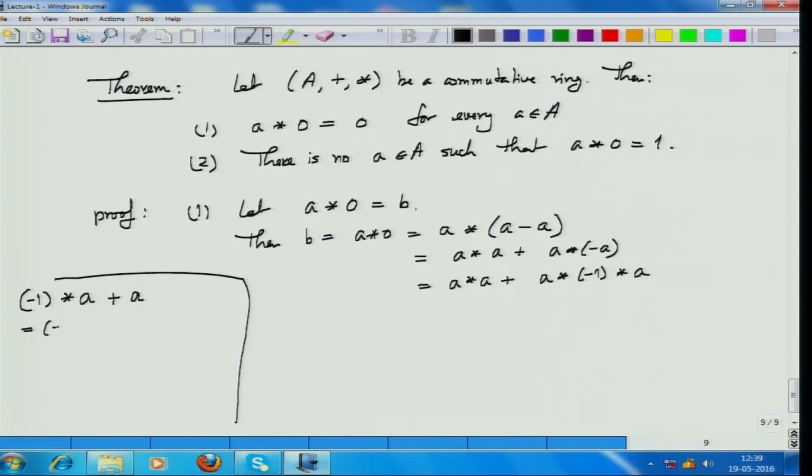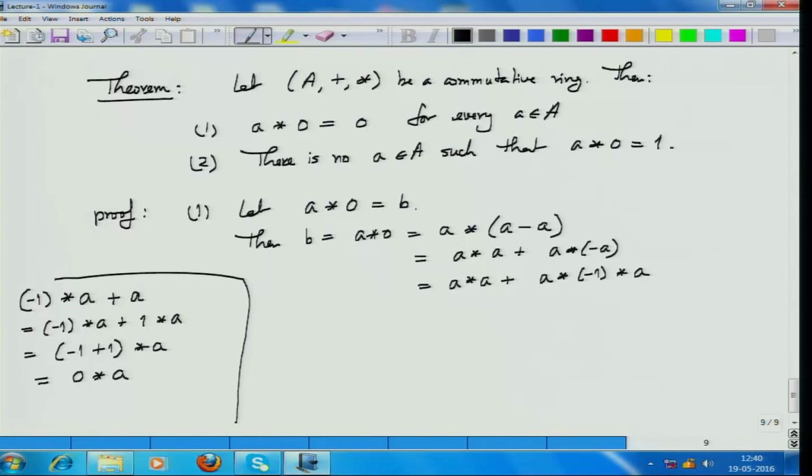This is minus 1 times A plus 1 times A. That is because 1 is the identity of multiplication. Now, by distributivity property, this is minus 1 plus 1 times A, and that is 0 times A.